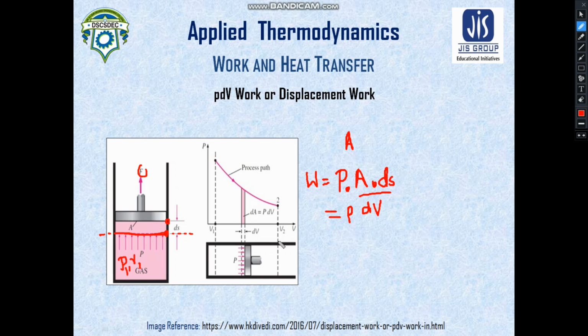This interpretation of PdV is for an intermediate state only.